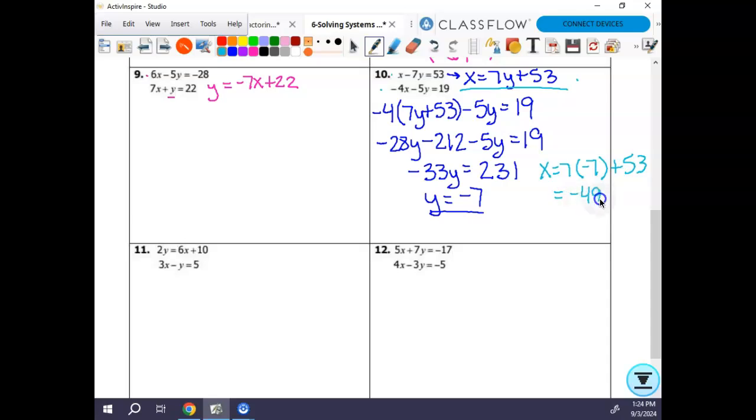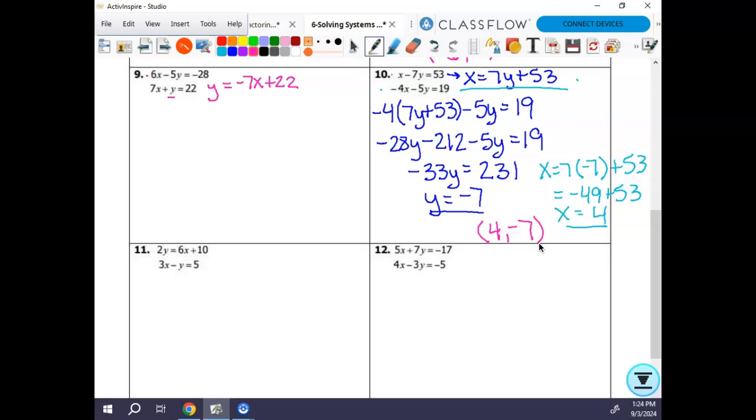Negative 49, good, plus 53 means that x is equal to 4. And then we write our ordered pair, which is 4, negative 7, not negative 7, 4. Be very careful about that. Okay, what questions you got?